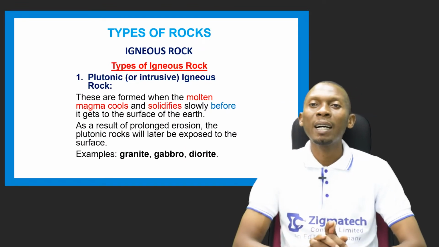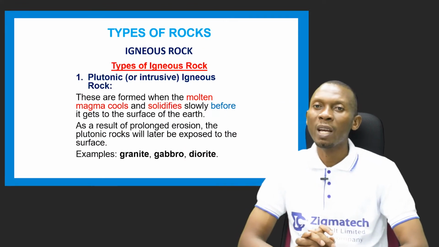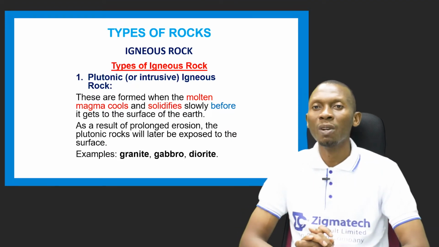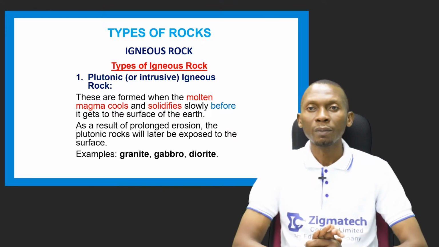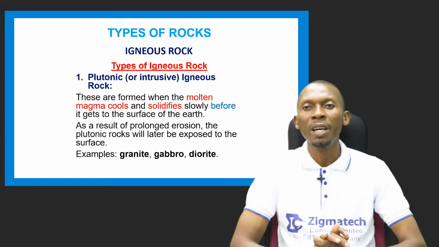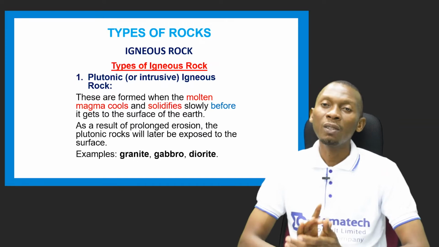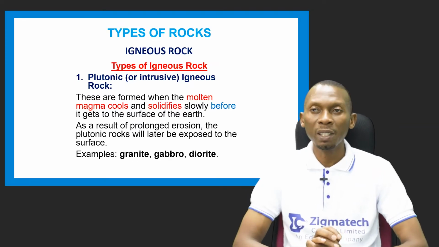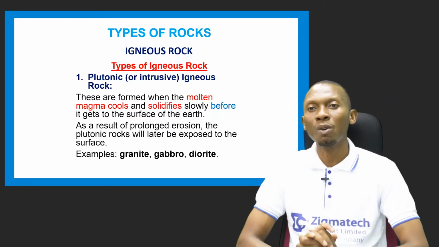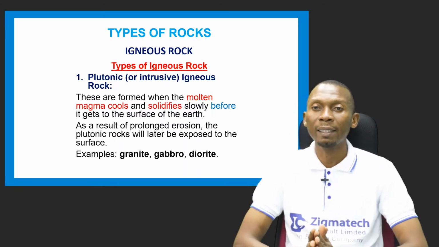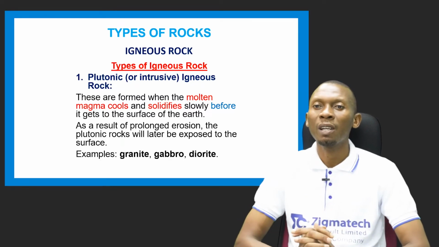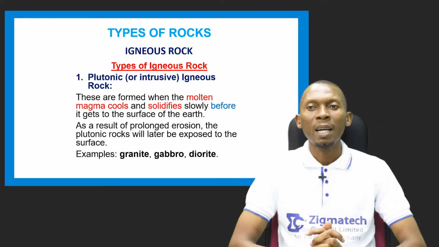Let's take a look at the types of igneous rocks. We have what is called the plutonic or intrusive igneous rock, and we have the extrusive or the volcanic igneous rocks. Now, looking at the plutonic or intrusive igneous rock, these are rocks formed when the molten magma cools and solidifies slowly before it gets to the surface of the Earth.